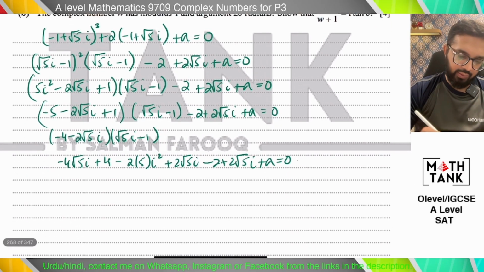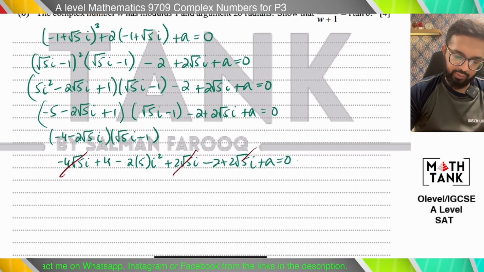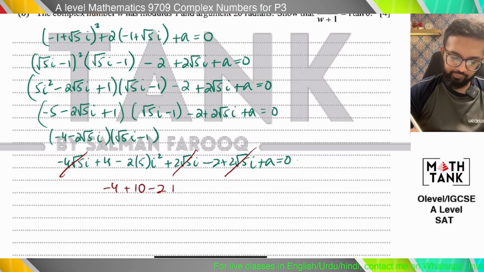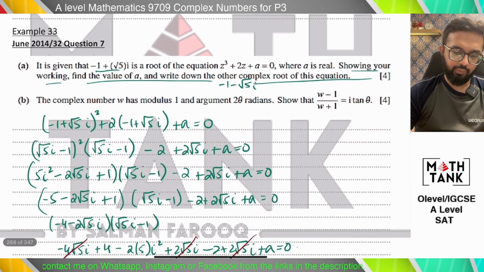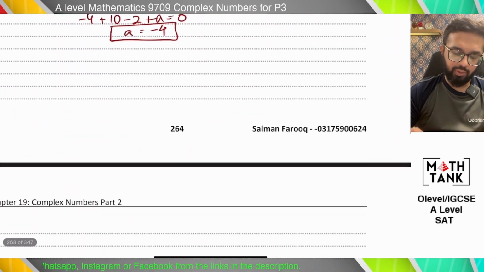I think there's some things cancelling out, so this cancels with this and that. So minus 4 and this becomes minus 10 into minus 1 will be plus 10. And minus 6 is 4, and then a is therefore minus 4. Okay, that's part 1 of the question.